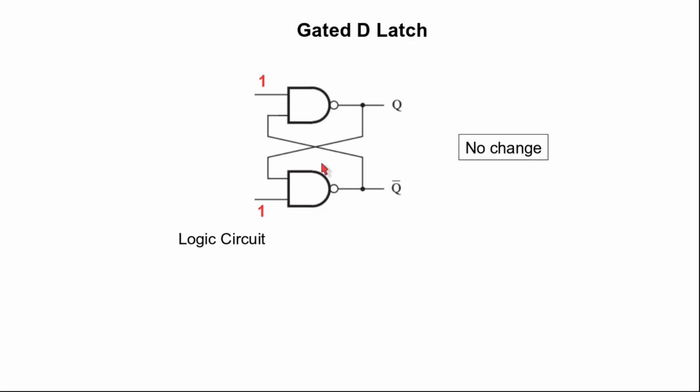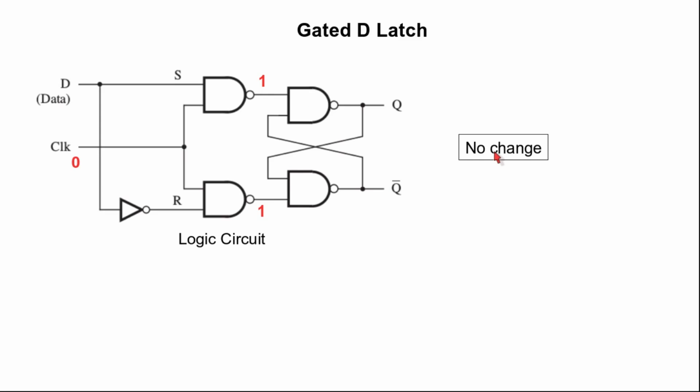This comes from the characteristic table for the basic SR latch using NAND gate: both inputs equal to 1 signify no change. So what we see is that when the clock input is 0, no changes will take place in the gated D latch.